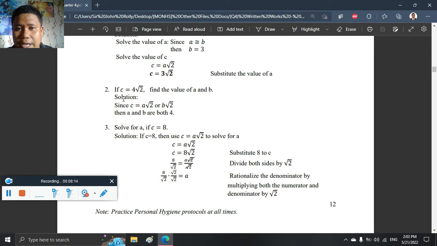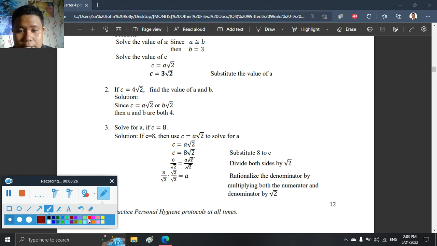If C equals 4 the square root of 2, find the value of A and B. So, kung gyapon ta, 45, 45, 90 gyapon. Sige, mag-draw gyapon ko og isosceles right triangle. So, again, pasensyahin na akong drawing. So, let's assume that this is an isosceles right triangle.